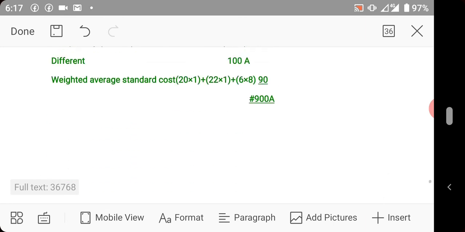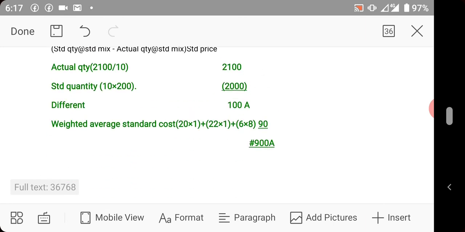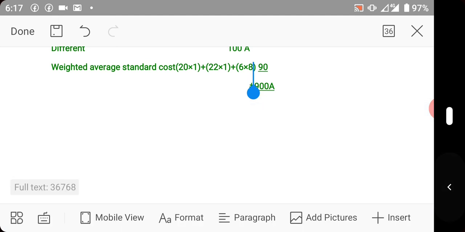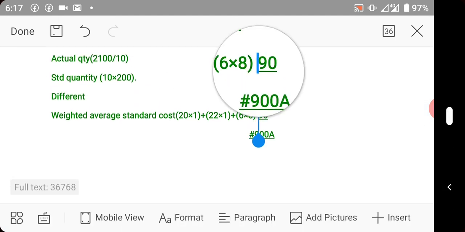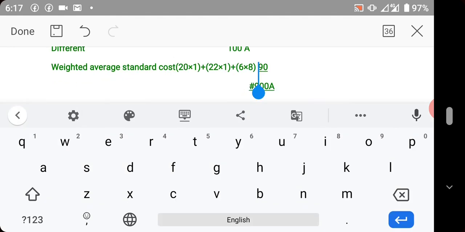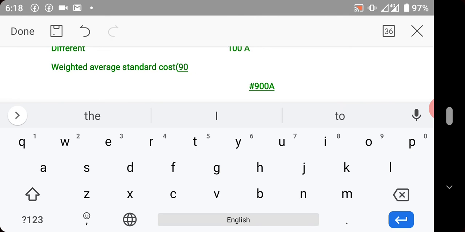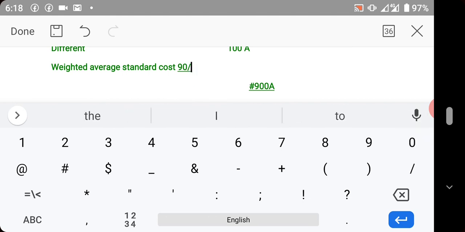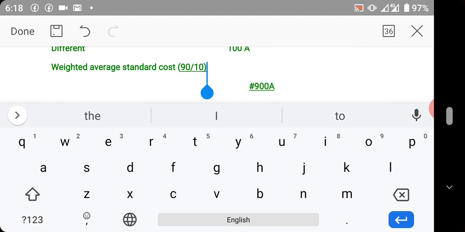How would that make sense to you? So we now come 90 divided by 10 will give you 9.